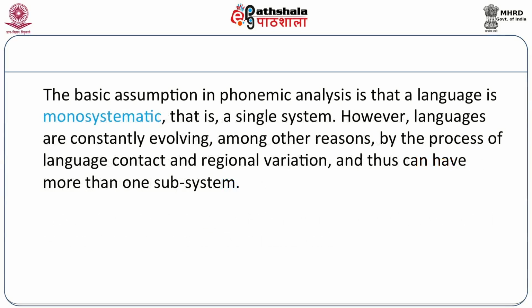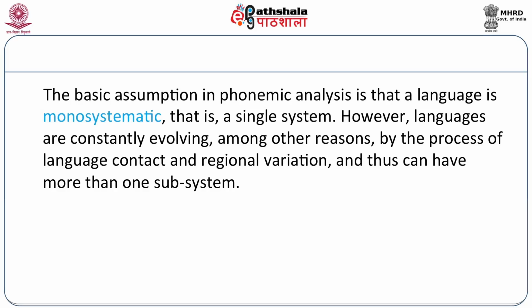One basic assumption with phonemic analysis is that the phonemic systems are monosystematic. By taking recourse to the principles of phonemic analysis, we arrive at the phonemes of a language. However, what we find is that languages are constantly evolving, constantly changing. They come in contact with other languages, and thus they come to evolve systems which are multiple, which are many.